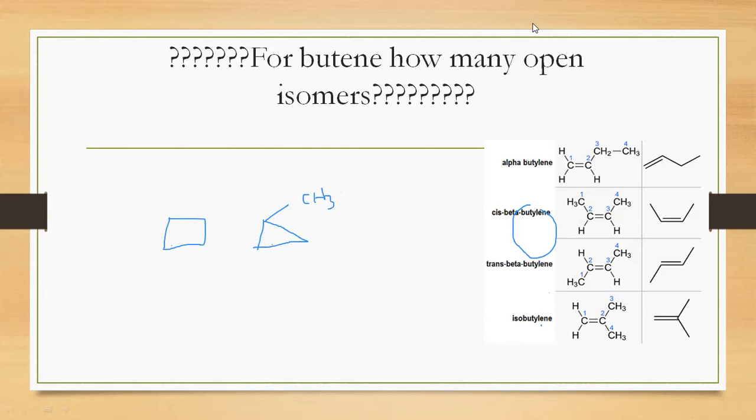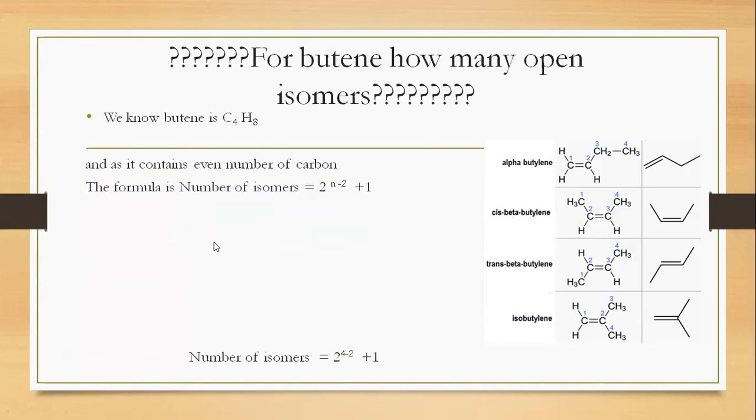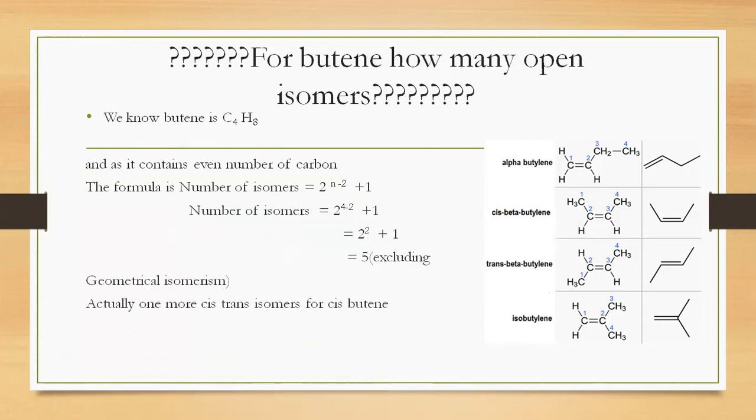Are you getting this? So this is how to go for that. Excluding the geometric isomerism, methyl cyclopropane and cyclobutane are the two ring isomers also possible for this. Totally 5.